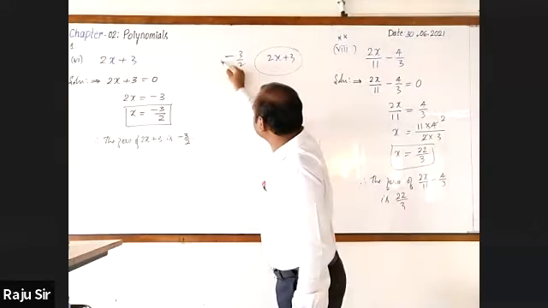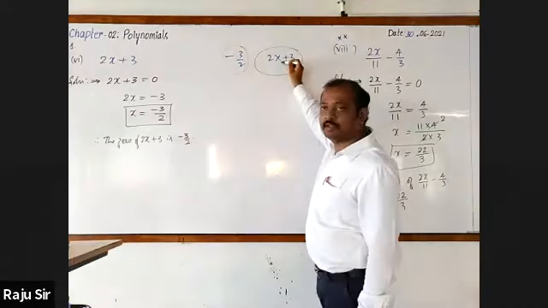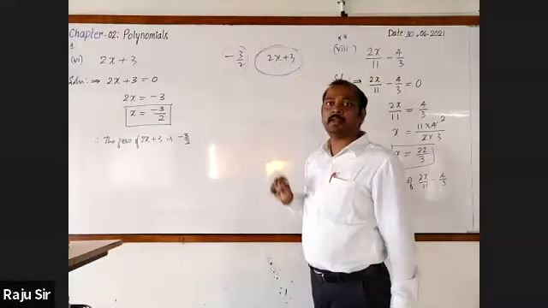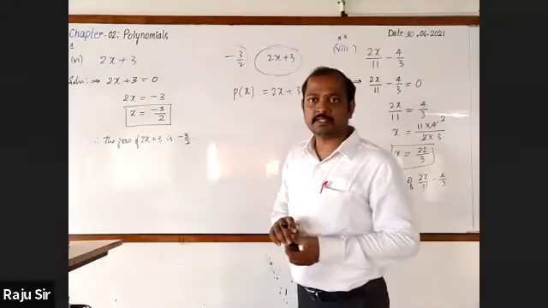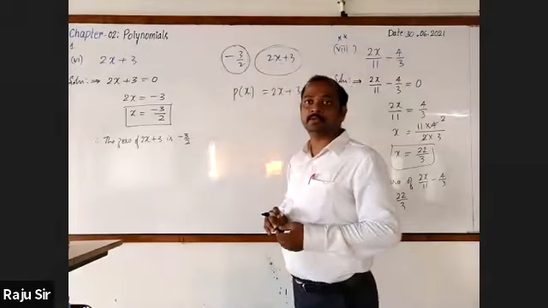If it is a zero, you know that when it is substituted in place of the variable, what should be the value? 0. It should be 0. Here, P of x is equal to 2x plus 3. This is the given polynomial, and the given number is minus 3 by 2.